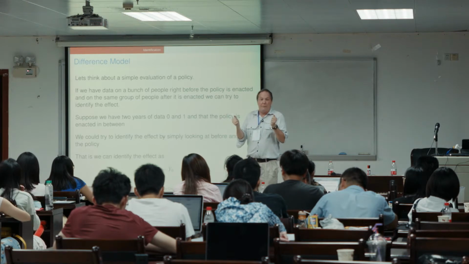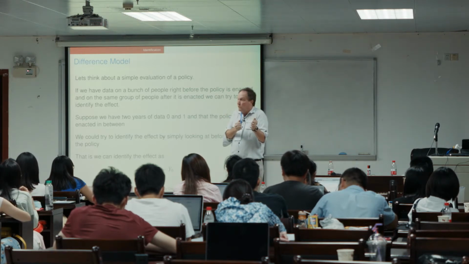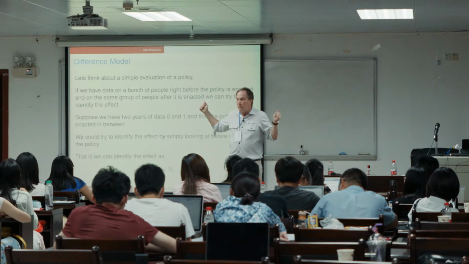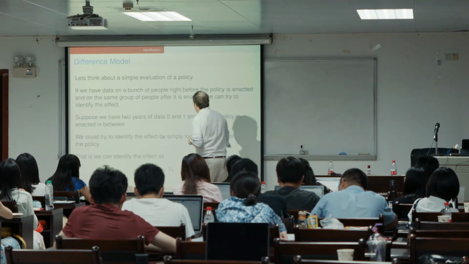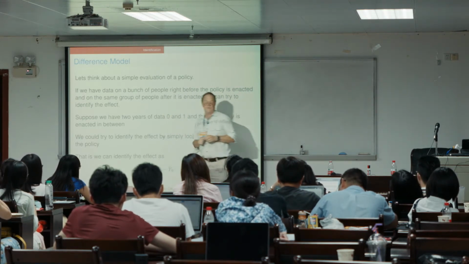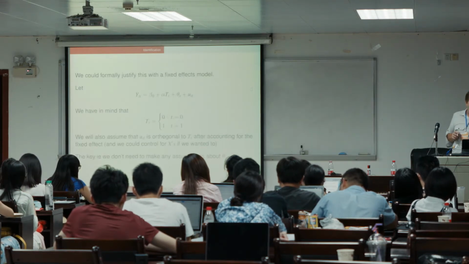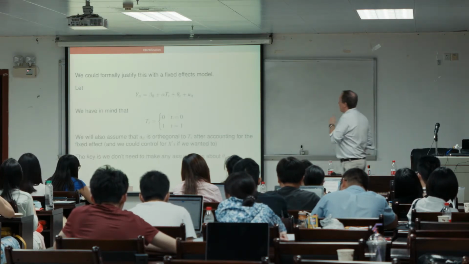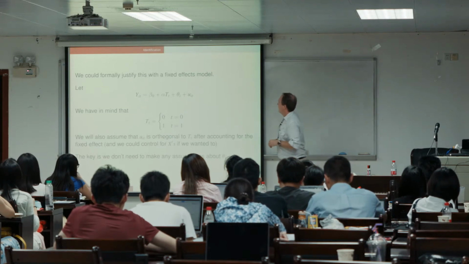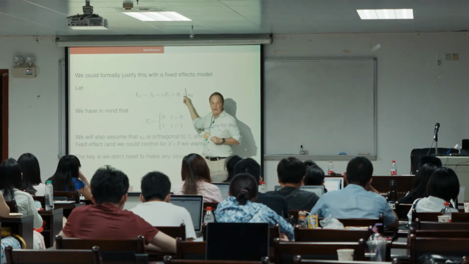How do we estimate the impact of the policy? Well, let's just look at you yesterday and we'll look at you today, and we'll see what the difference is. Okay, so we can potentially identify the effect of the policy as just today minus yesterday. I can formalize this in a fixed effects model. So this is my data generating process.